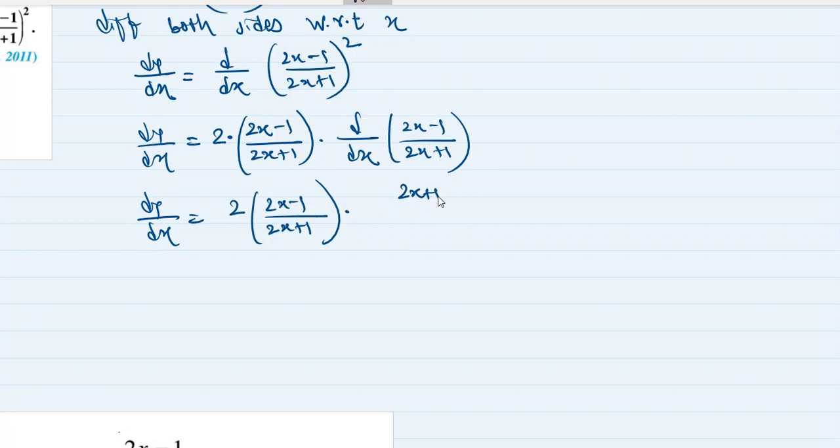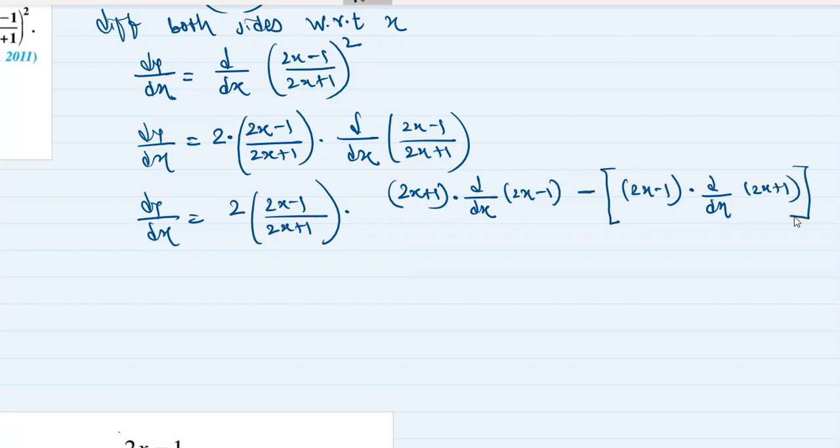denominator, that is 2x plus 1 multiplied by d by dx of 2x minus 1 minus 2x minus 1, I'm just going to put a bracket for safety, multiplied by d by dx of 2x plus 1, the whole upon 2x plus 1 the whole square.